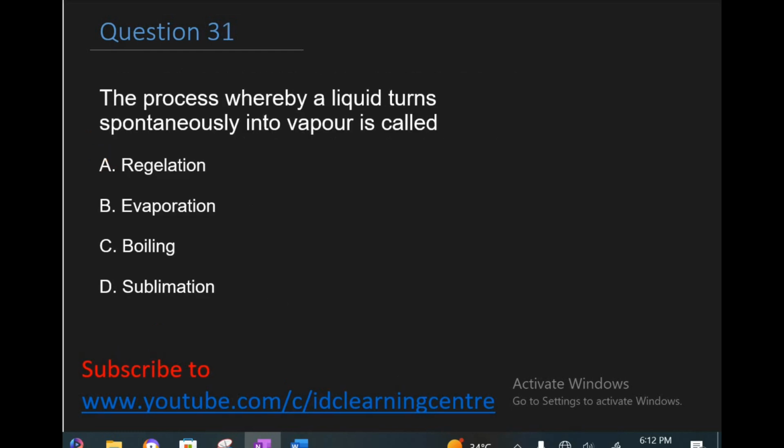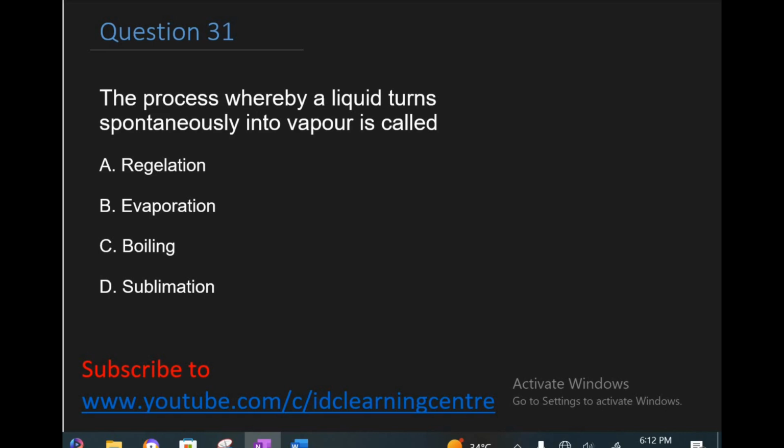31. The process whereby a liquid turns spontaneously into vapor is called: A, regulation; B, evaporation; C, boiling; and D, sublimation. Alright, the correct answer for this question is evaporation.